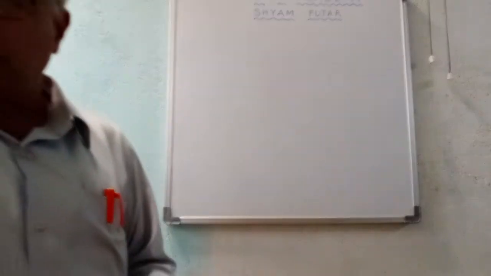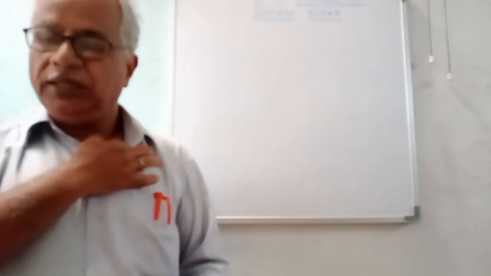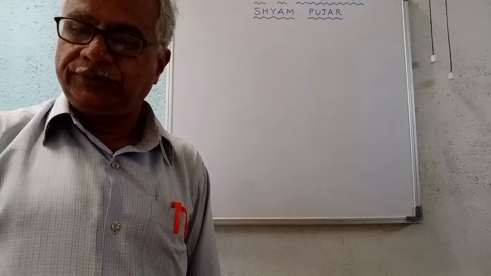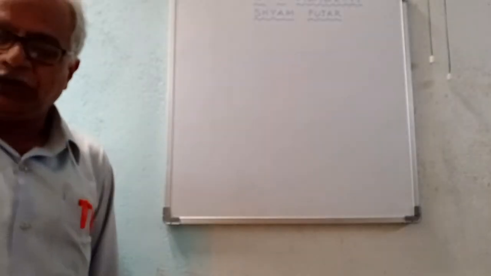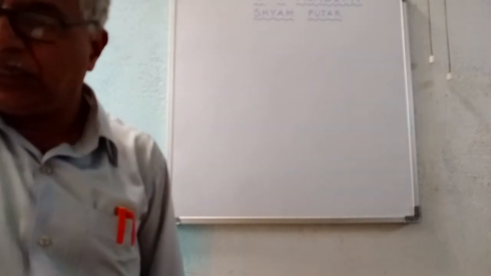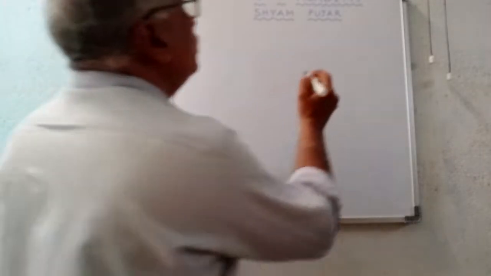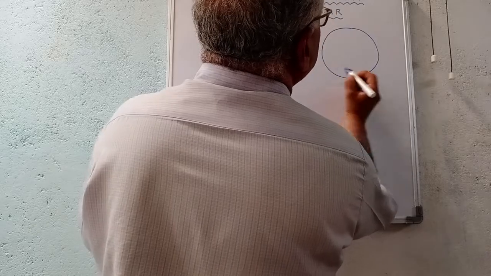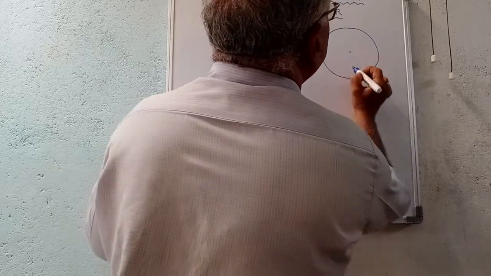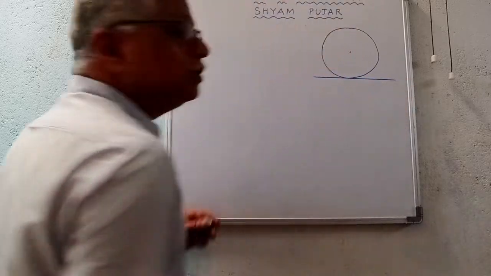It says, prove that the perpendicular at the point of contact of the tangent to a circle passes through the center. Once again, draw a circle, mark the center, and then draw a tangent also.